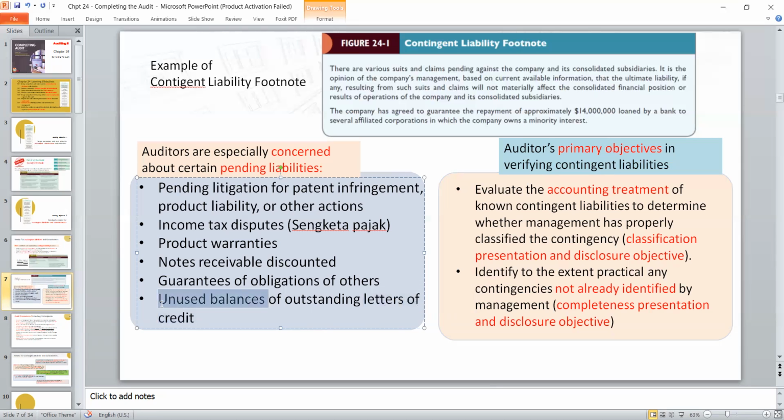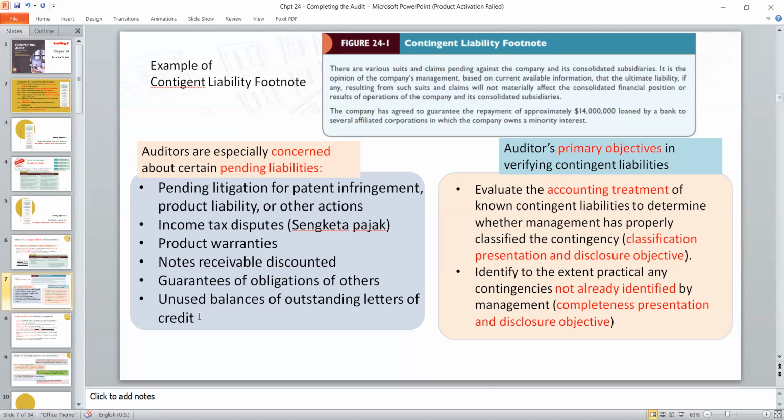And there is the unused balance, and of course, the unused balance will relate to the pending liability. So it means the Indonesian company has a liability to pay the US company some money. Okay, so it needs to be disclosed in the notes of the financial statements.